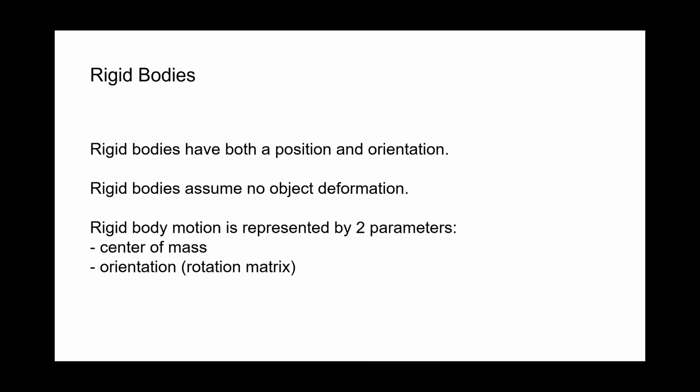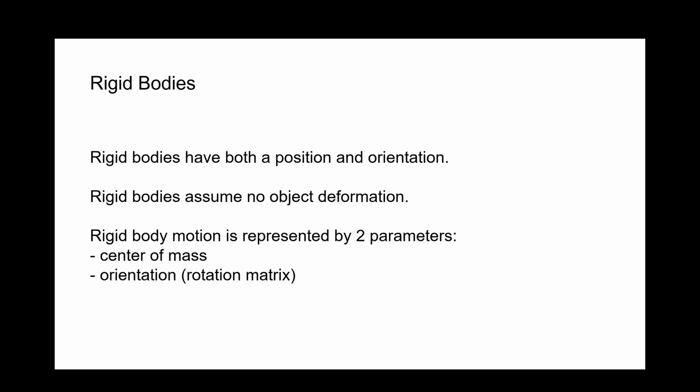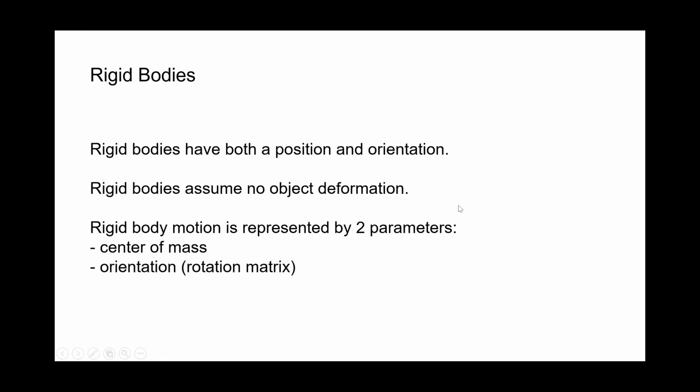Rigid bodies have a position and an orientation. We spoke about this in the previous video as well, which was on game physics. Rigid bodies assume no object deformation, and these are represented by two parameters: center of mass and orientation.